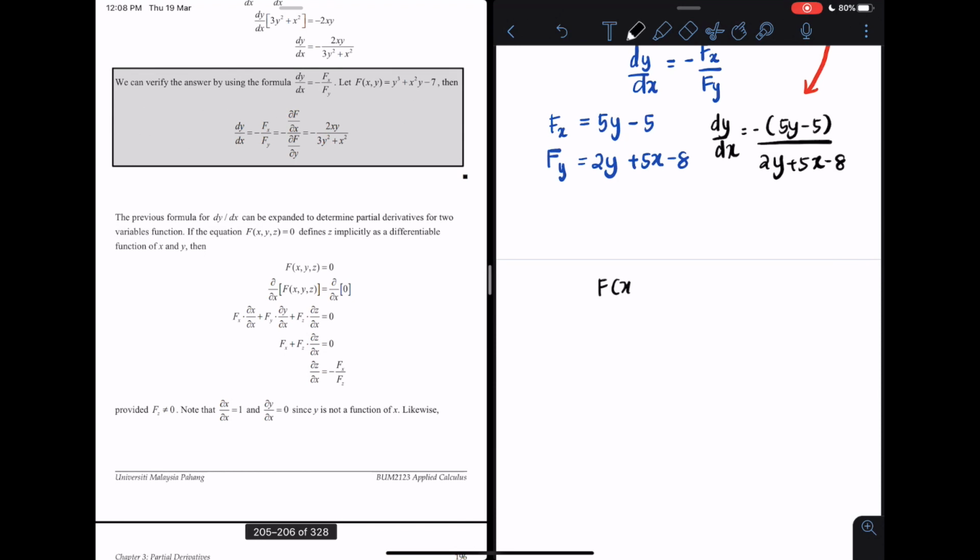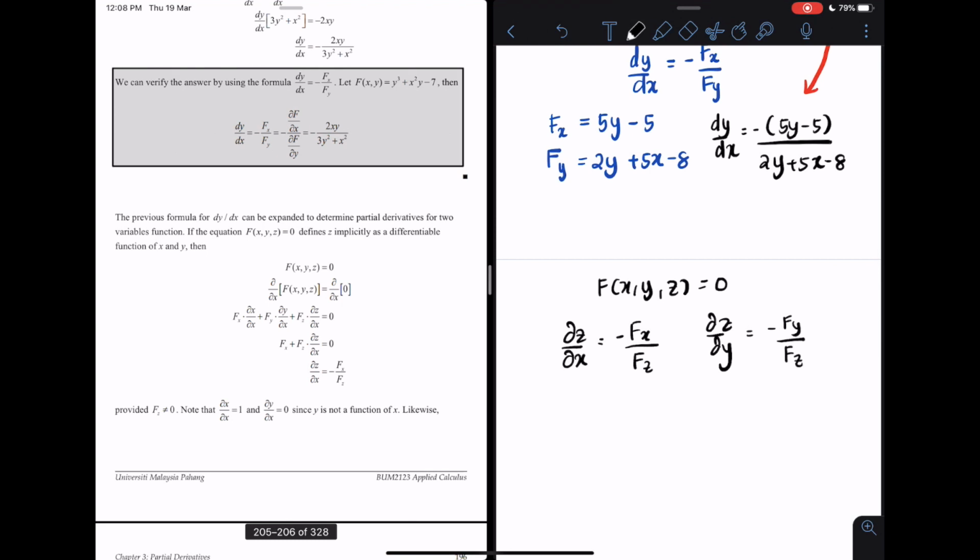f of x, y, and z, if the question asks you to determine del z over del x, in this case you will get a formula such as negative fx over fz. Del z del y, you will get negative fy over fz.